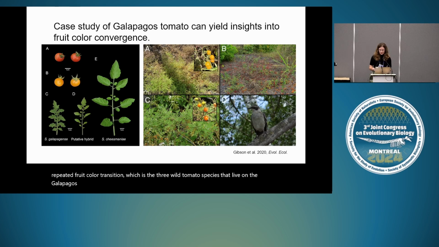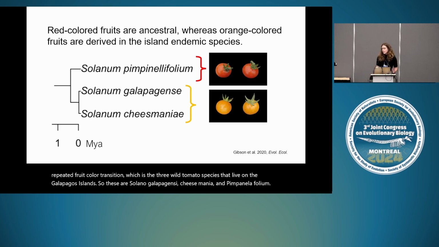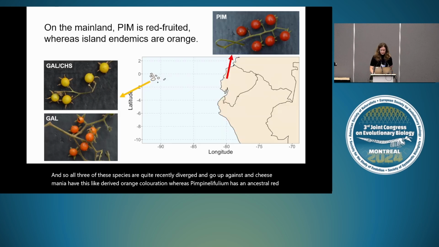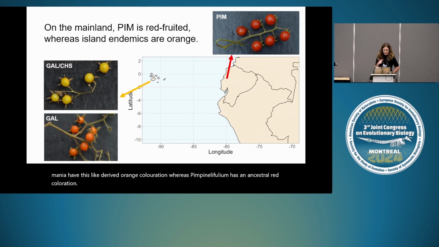These are Solanum galapagense, Solanum cheesmaniae, and Solanum pimpinellifolium. All 3 of these species are quite recently diverged, and galapagense and cheesmaniae have this derived orange coloration, whereas pimpinellifolium has an ancestral red coloration. Galapagense and cheesmaniae are both endemic to the Galapagos Islands.